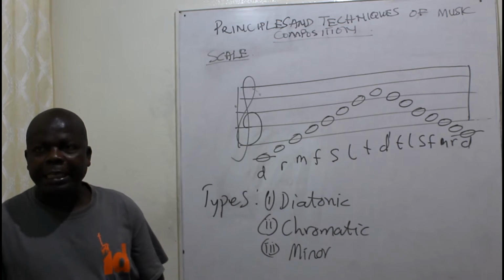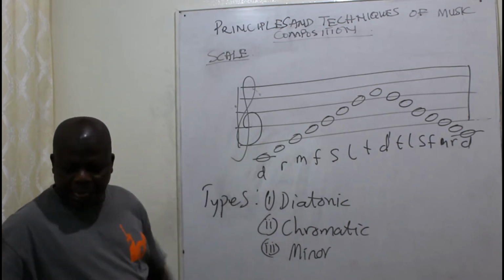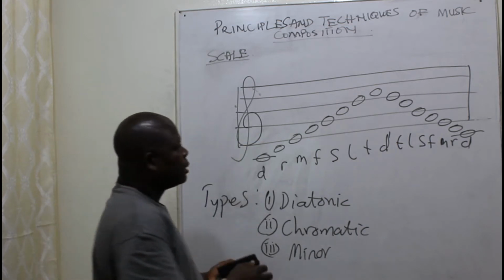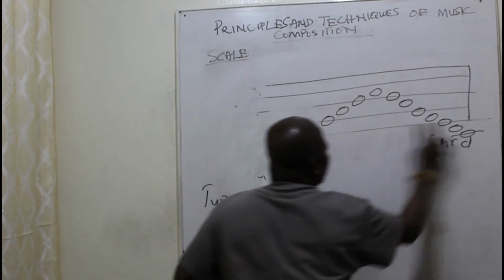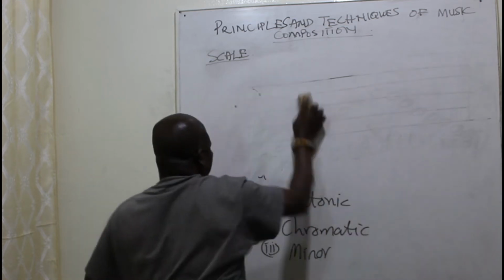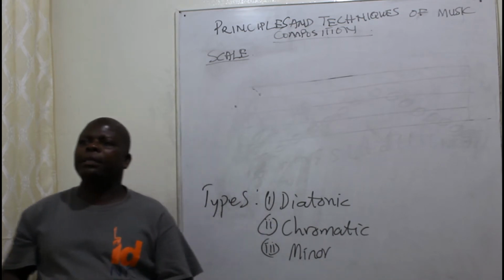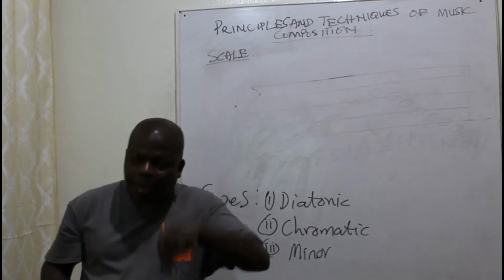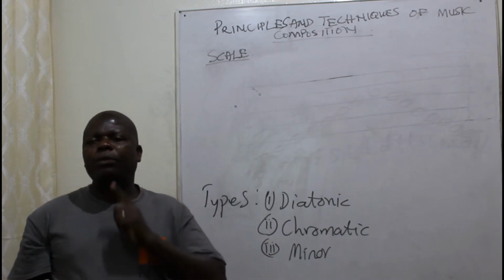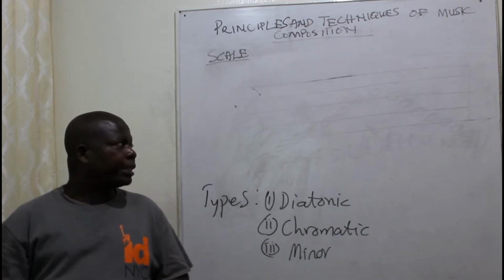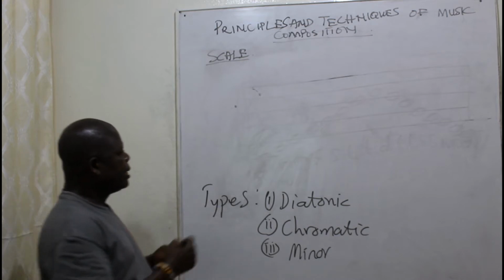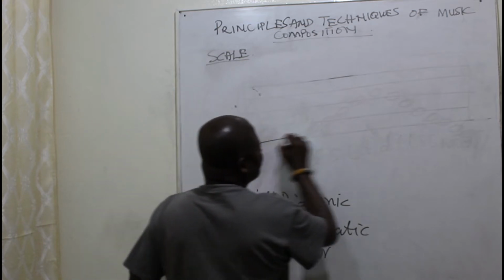Now, when we say diatonic scale, it is a type of scale where the notes start from the tonic through to the octave, like we saw in the first one.